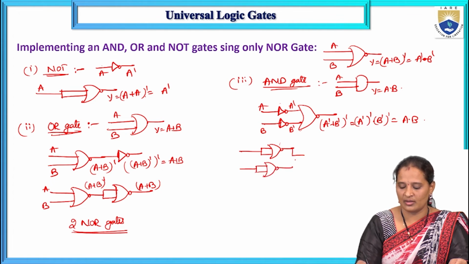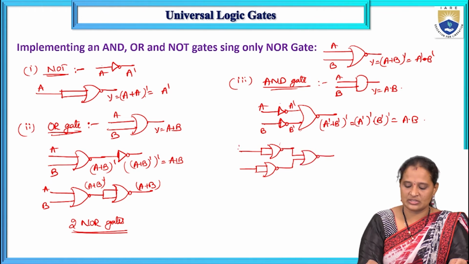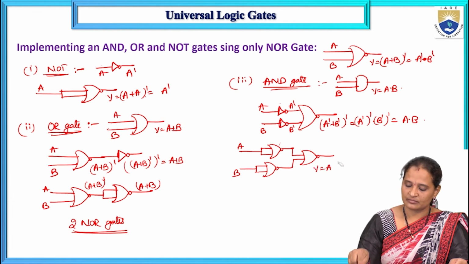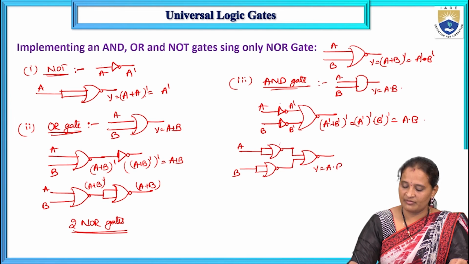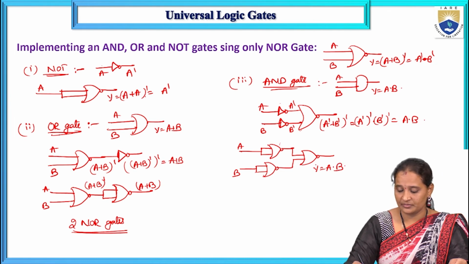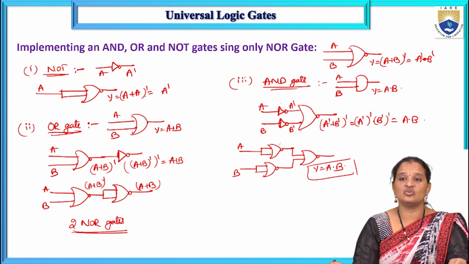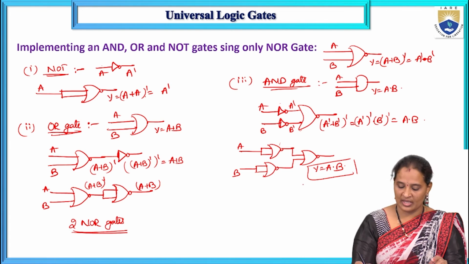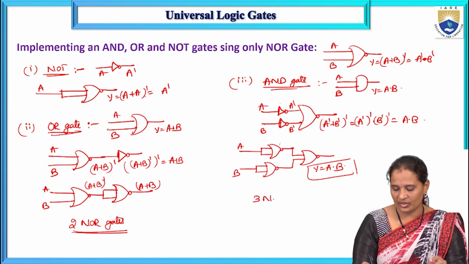Even the NOT gates should be replaced with NOR gates. So this is my implementation, y is equal to A dot B. For implementing an AND gate using NOR gates, I require three NOR gates.